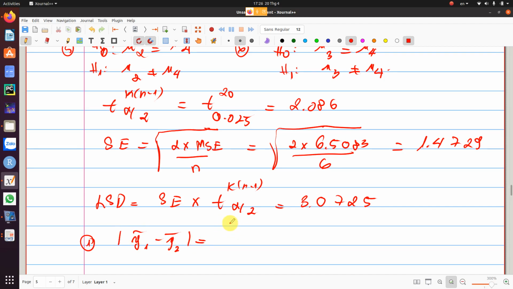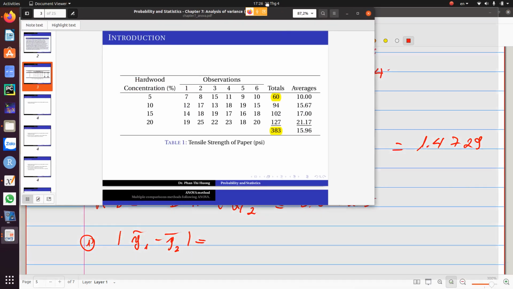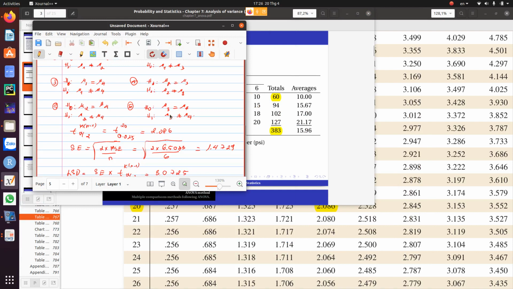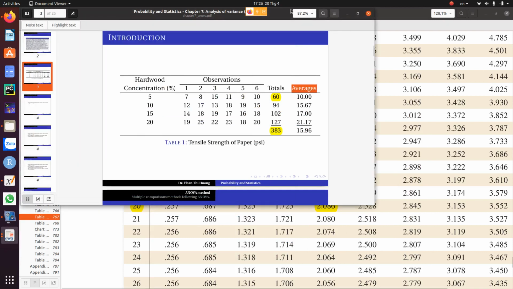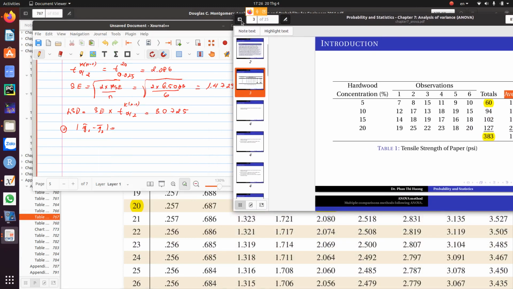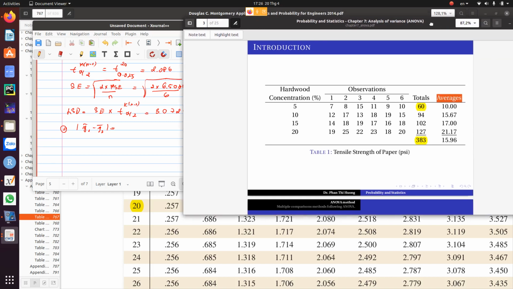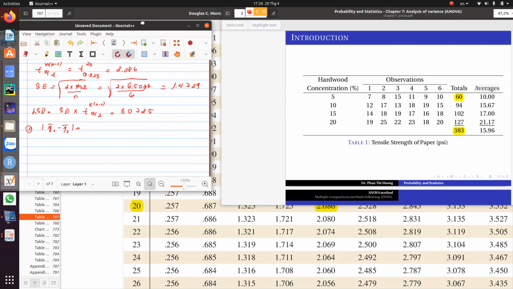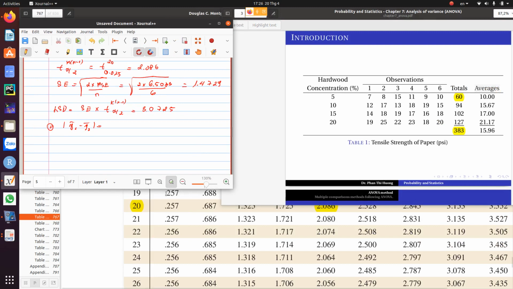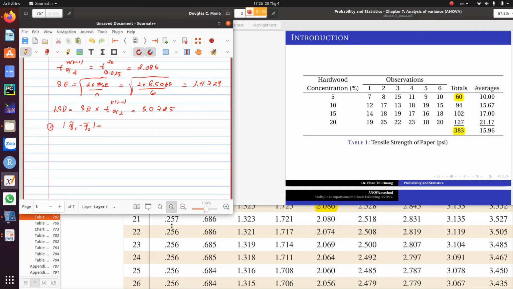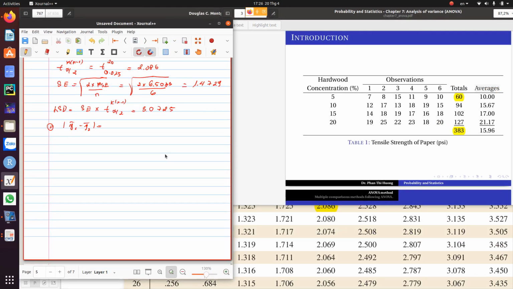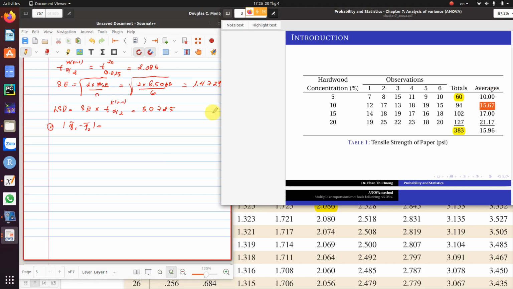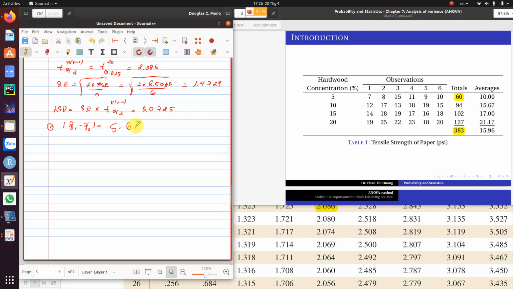Luckily, in the table of the data set we already have the average column, but usually you need to calculate it yourself. So y1 bar minus y2 bar: we have 10 minus 15.67, so we have 5.67.